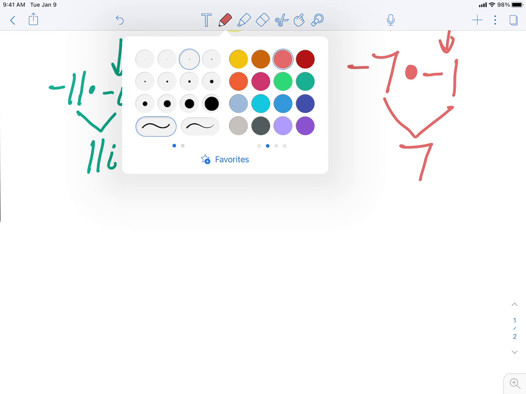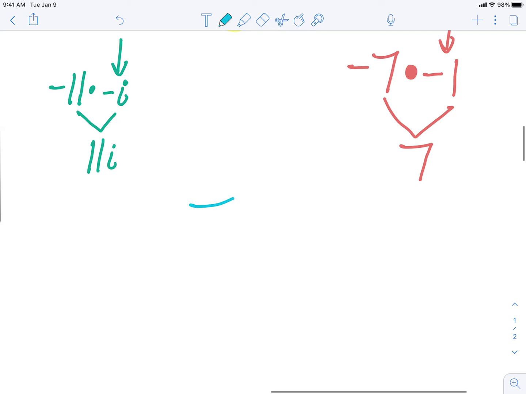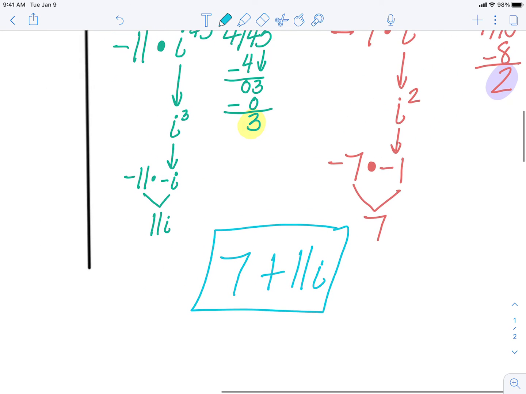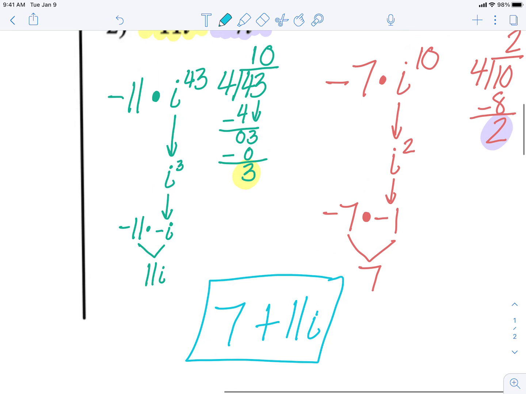So I'm going to write 7. And then my imaginary number is positive 11I, plus 11I. And this is my solution. Right there.